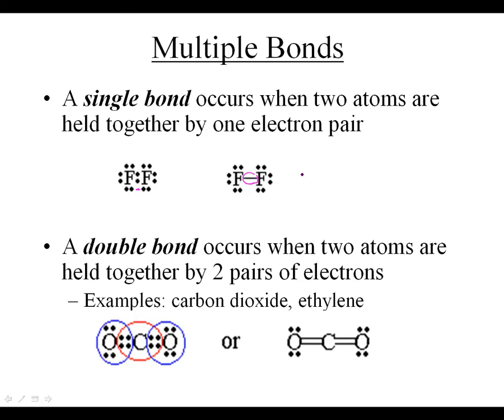And that essentially means that they are sharing a pair of electrons, or 2 total electrons, to get everybody to 8. If you look at the fluorine on each side, like we did earlier, they both have 8 valence electrons. Our double bond is represented by 2 lines, which basically represents 4 electrons, or 2 pairs of electrons.